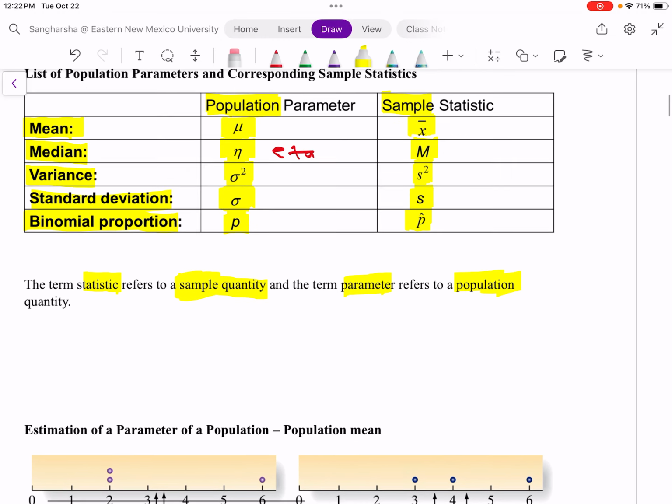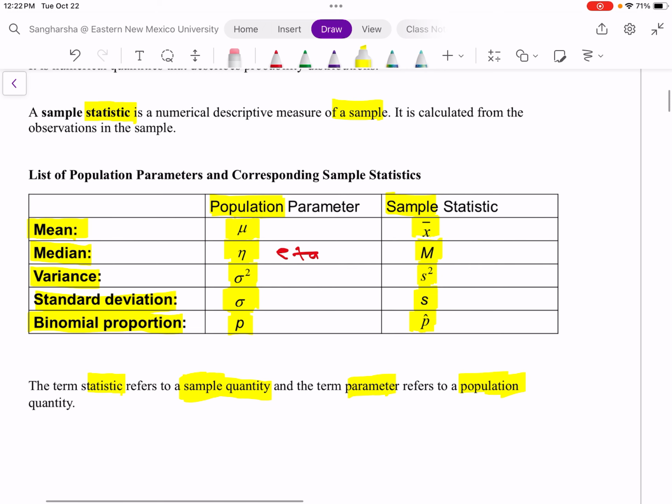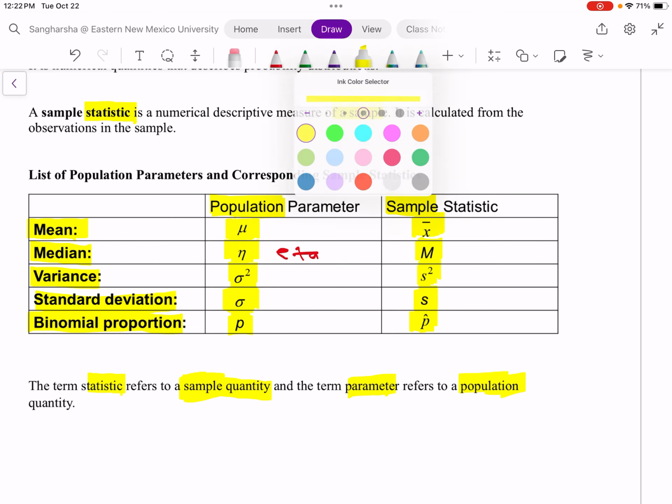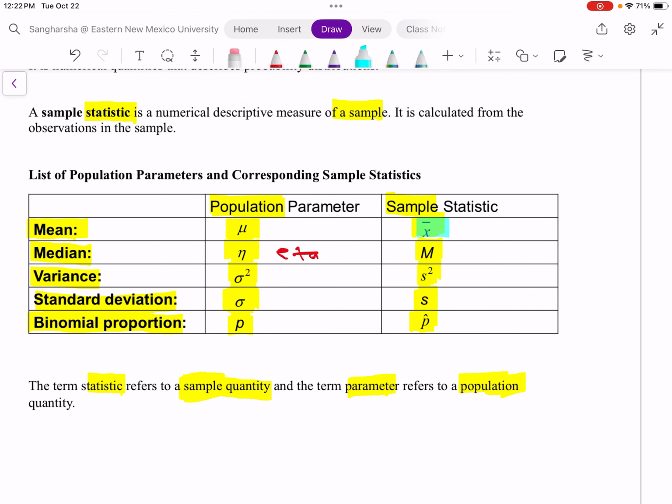Now, in this chapter, as I said earlier, we will be using these statistics: x bar, median, s square, s, p hat. We will use these statistics to make an inference about the parameters. That's our goal.